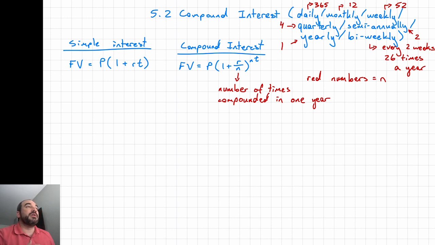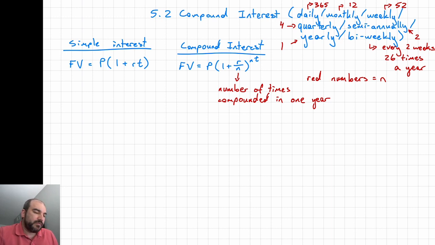So the question will usually tell you that you're borrowing money compounded weekly or compounded daily or monthly. So you use the red number that we determined for each of those things for the N. Everything else is the same. The R is whatever the interest rate is in decimal form. T is the number of years. It has to be in years. And then P is going to be our principal, the starting amount that we begin with.